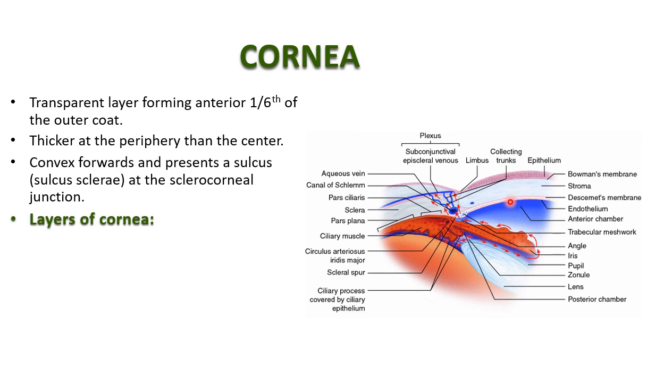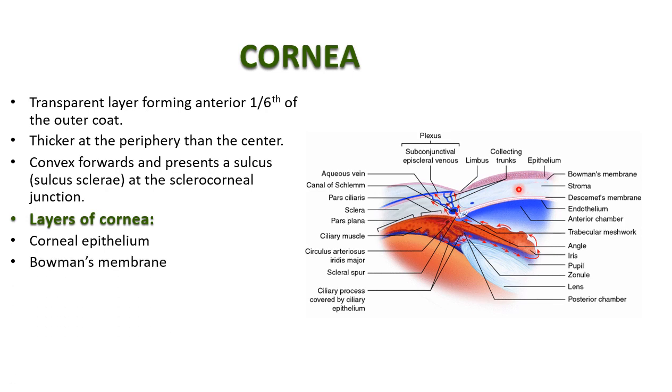So the layers of the cornea: anteriorly you have the corneal epithelium, which is a stratified epithelium, and deep to that you have a limiting membrane. The anterior limiting membrane is called Bowman's membrane.